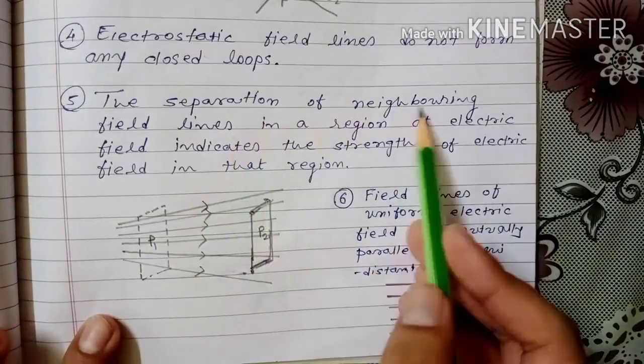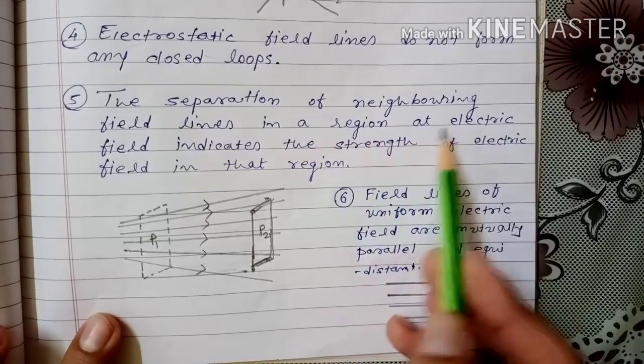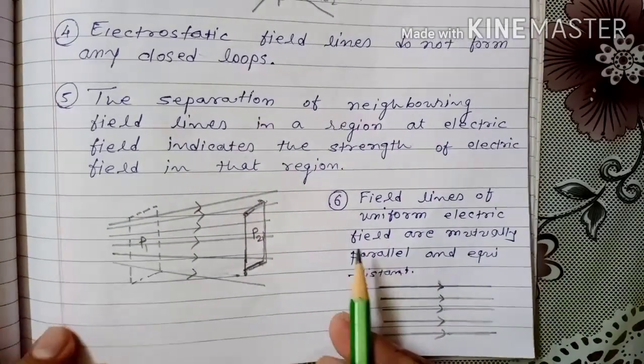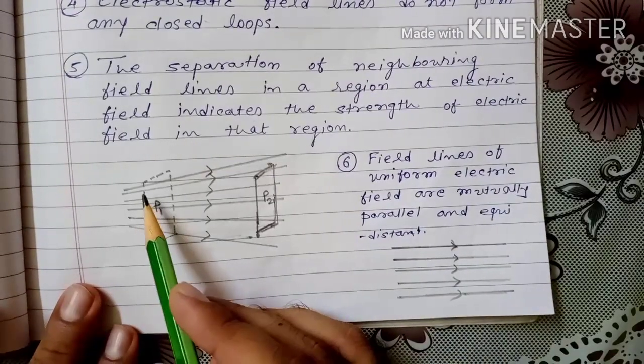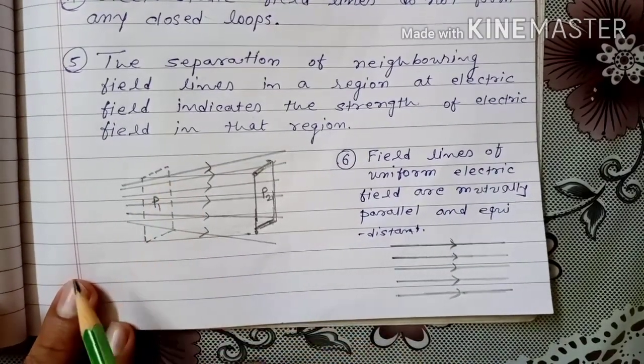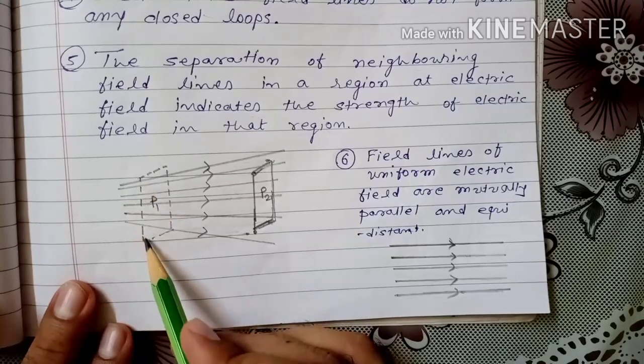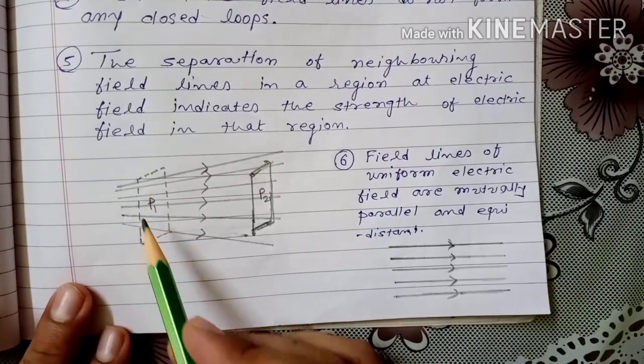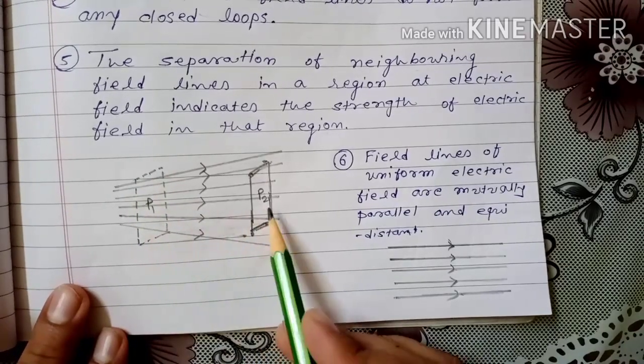Fifth characteristic, the separation of neighboring field lines in a region indicates the strength of the electric field in that region. Here the density, that is the population of electric field lines in any given region, will give us the strength of the electric field. I have considered two unit cross sections, P1 and P2.